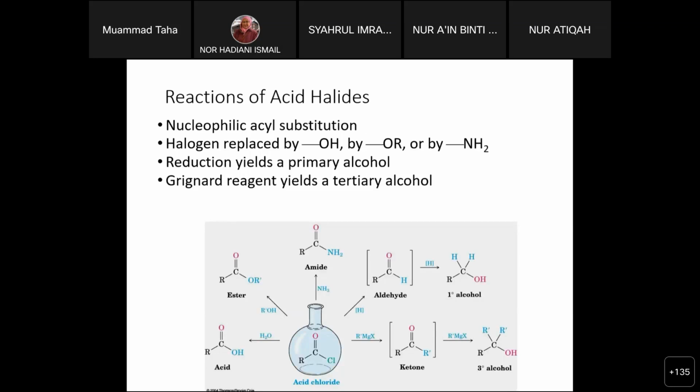It can be converted to the amide by reacting with ammonia. It can be converted to the aldehyde by reacting with hydride, and if a double amount is used, then it becomes alcohol. If we treat with Grignard reagent, it will convert into ketone, and ketone can be converted to secondary or tertiary alcohol. So these are the reactions of this.